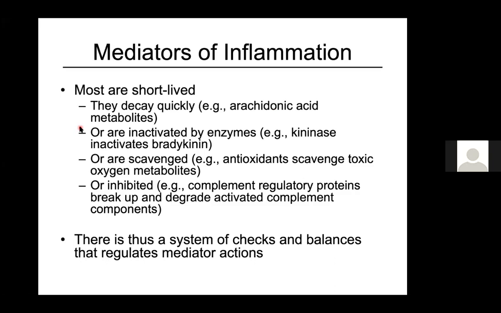So for example, for the kinins, we have other plasma proteins which inactivate them, like the kininase. Okay, they can be scavenged. So for example, the reactive oxygen metabolites we talked about during phagocytosis can be broken down by the antioxidants, okay? Or they can be inhibited. For example, for the complement system, we have the regulatory proteins which would inhibit them.